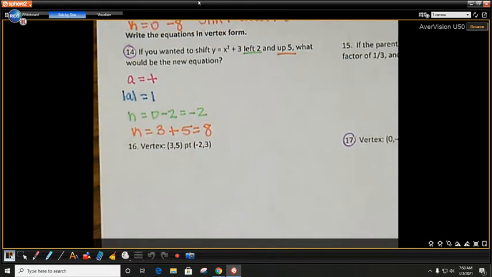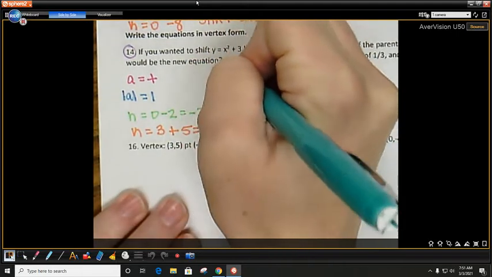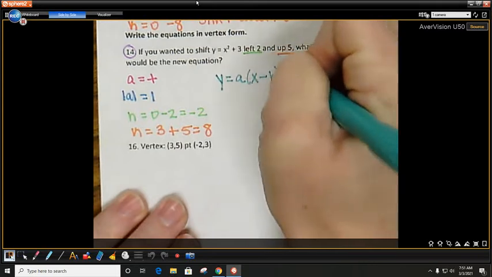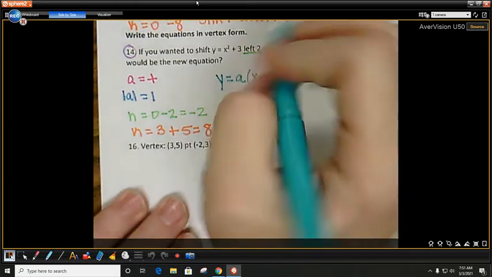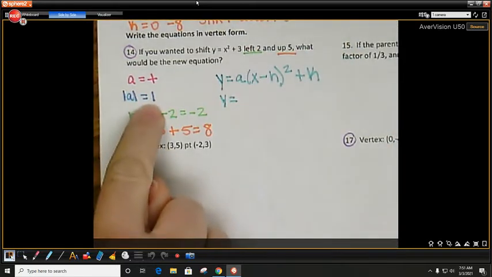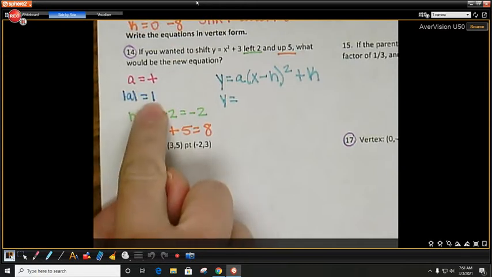So what I'm going to do is I'm going to write my vertex form, and then we're going to substitute in our values and see if we can simplify. So y equals a times x minus h squared plus k. So let's substitute our values in. We have y equals positive 1. Do you have to put a coefficient of a positive 1?